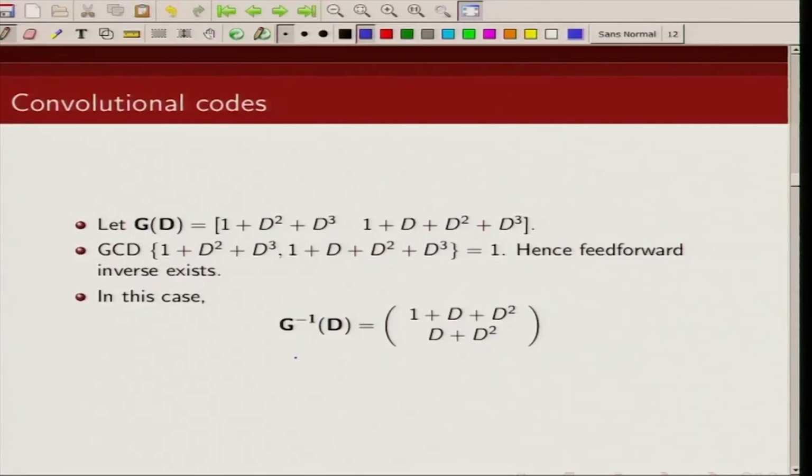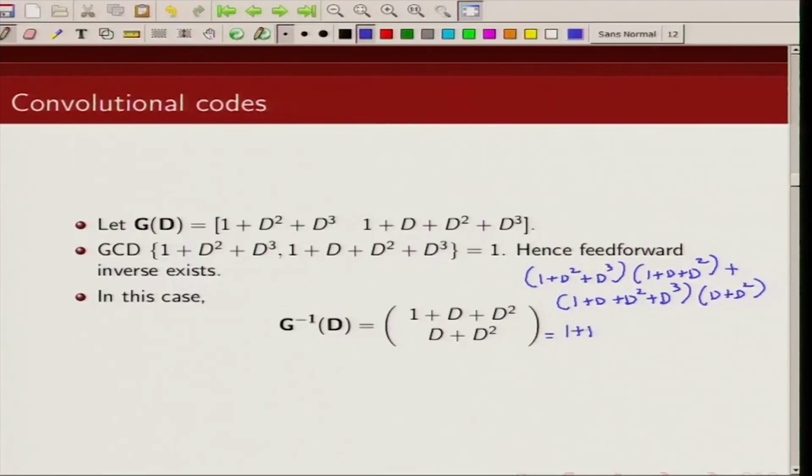You can do a simple check: (1 + D^2 + D^3) times (1 + D^2) plus (1 + D^2 + D^3) times (D + D^2).